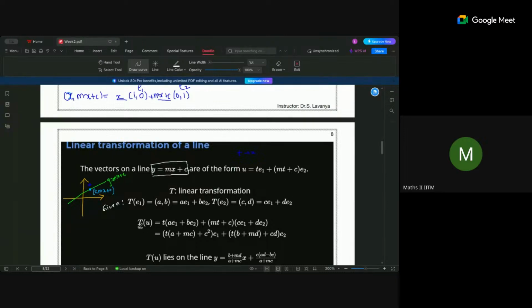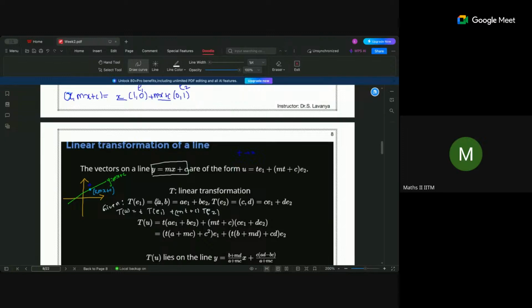Right? Now what is T of u? u is this. You know that T of u is nothing but t times T of e1, plus (mt plus c), which is your scalar now, times T of e2.